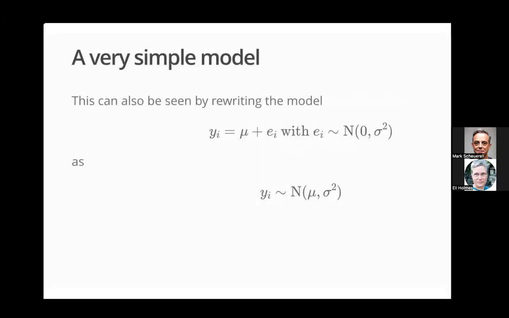So if we take this simple model, right here, this is that same one we had, where we just said it was a mean plus some error. We can rewrite this model this way. So now, instead of talking about some expectation mu plus or minus some error, where the errors are white noise, we're just going to talk about a distributional form for the data themselves. So all we did was basically take this mean and pull it inside this distribution.